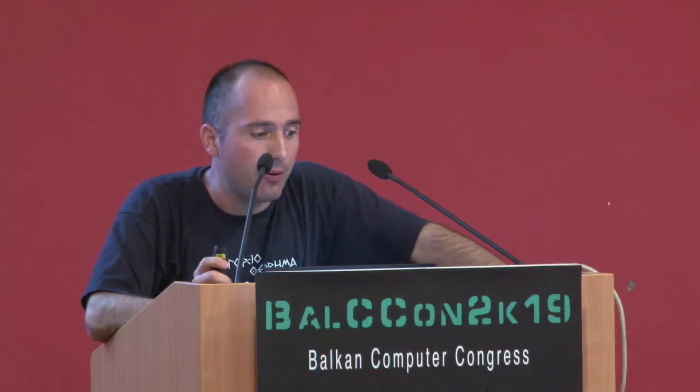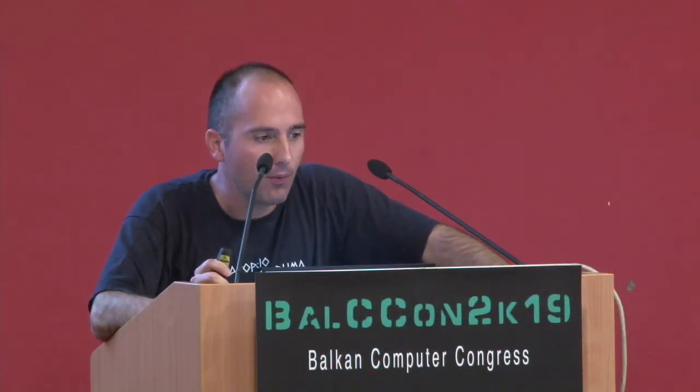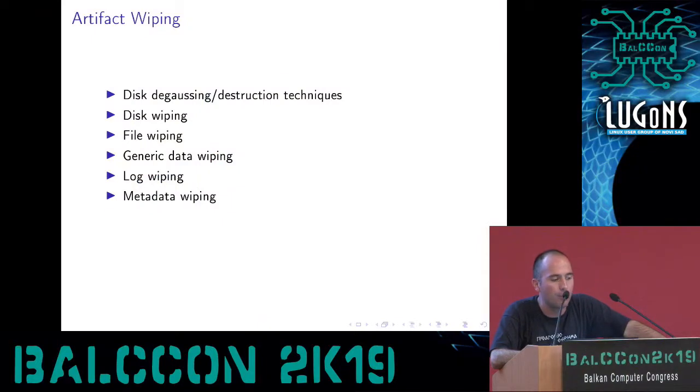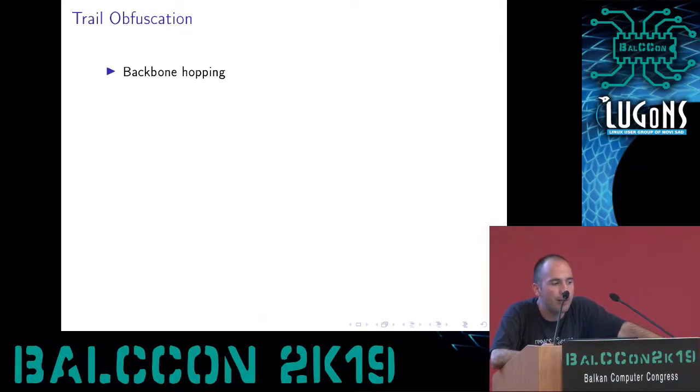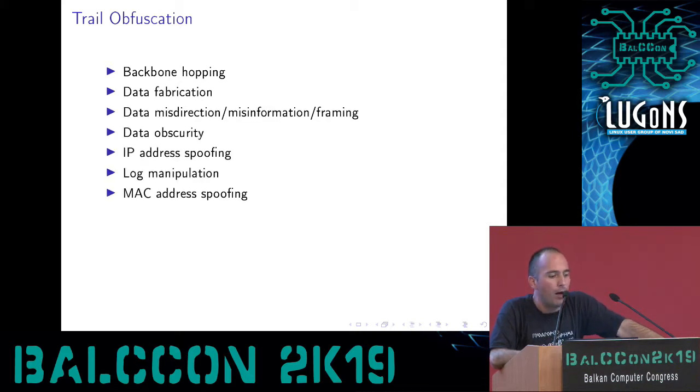So I don't have much time, so I'm going to skip something. Of course, we can wipe files, partitions, disks, or metadata, and we can also use trail obfuscation, which is usually used to dwarf network forensics. For example, we can spoof MAC address.